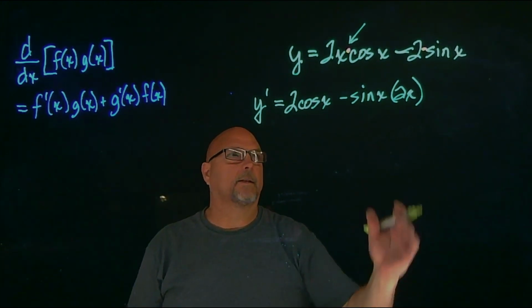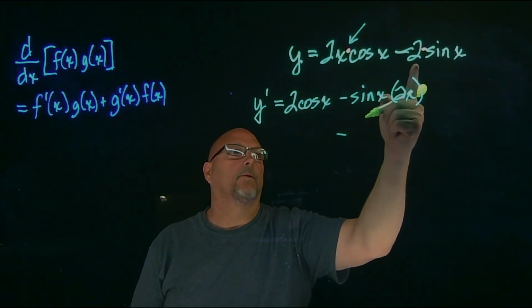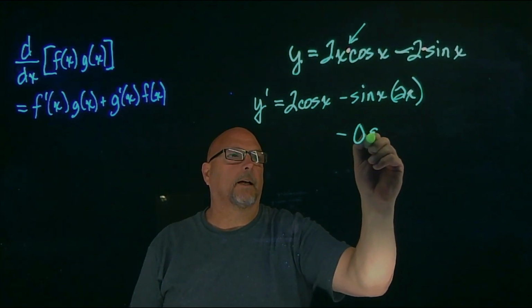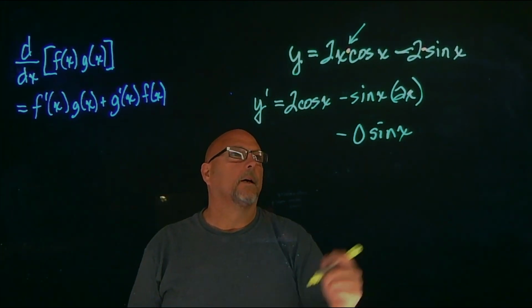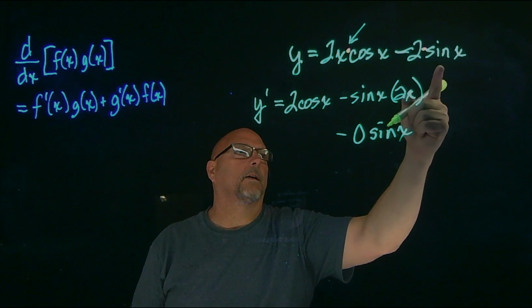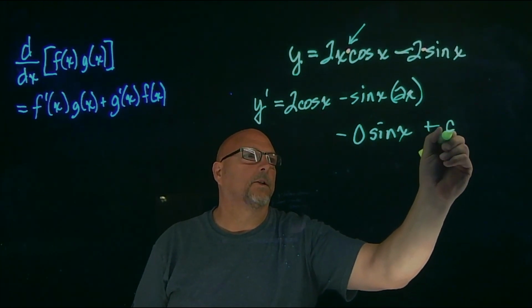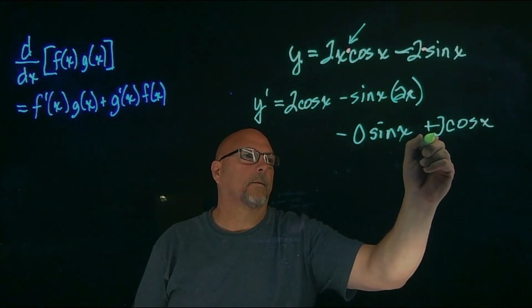Then I'm going to take the second term here. So minus the derivative of the first is a 0 times the second. 0 sine x, easy enough, right? Times the derivative of the second, which is cosine x times the first.